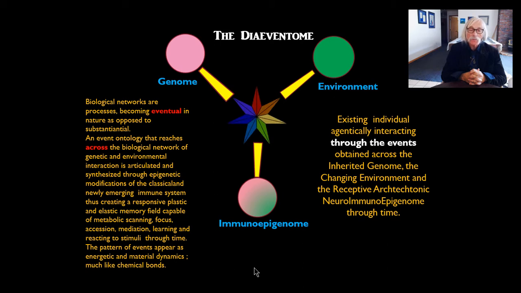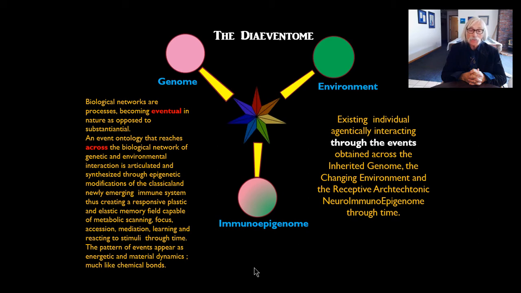An event ontology that reaches across the biological networks of genetic environmental interaction is articulated and indeed synthesized through epigenetic modifications of the classical and newly emerging immune system, thus creating a responsive, plastic and elastic memory field capable of metabolic scanning, focus, accession, mediation, learning, and reacting to stimuli through time.